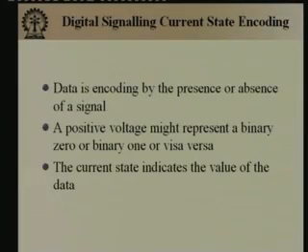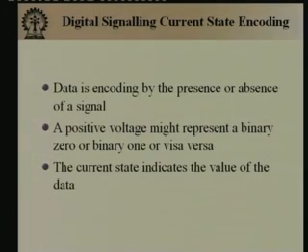Okay. Now, suppose we have some data, how do we encode this digitally? Well, the simplest way of course is by the presence or absence of a signal. Let us say a positive voltage might represent a binary 0 or a binary 1 or vice versa. So, maybe if you have a high voltage, you say that okay, I will interpret this as a 1 being sent, and if I have a low voltage, I will interpret this as a 0 being sent.